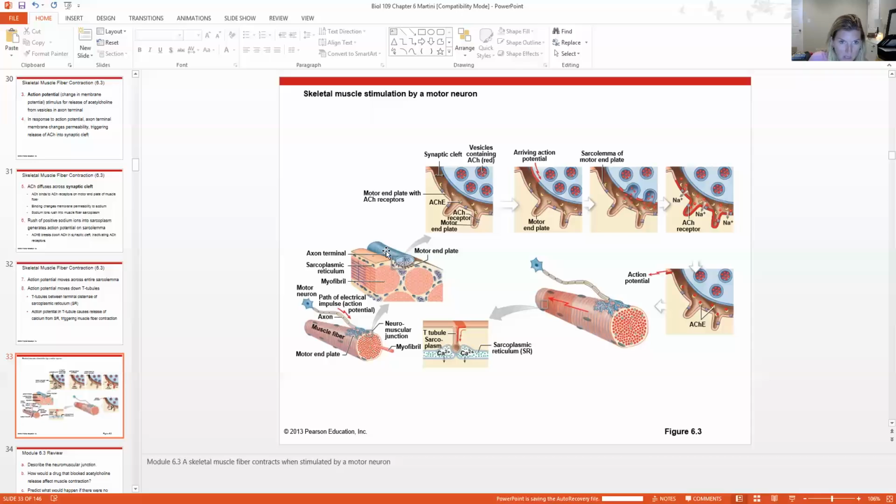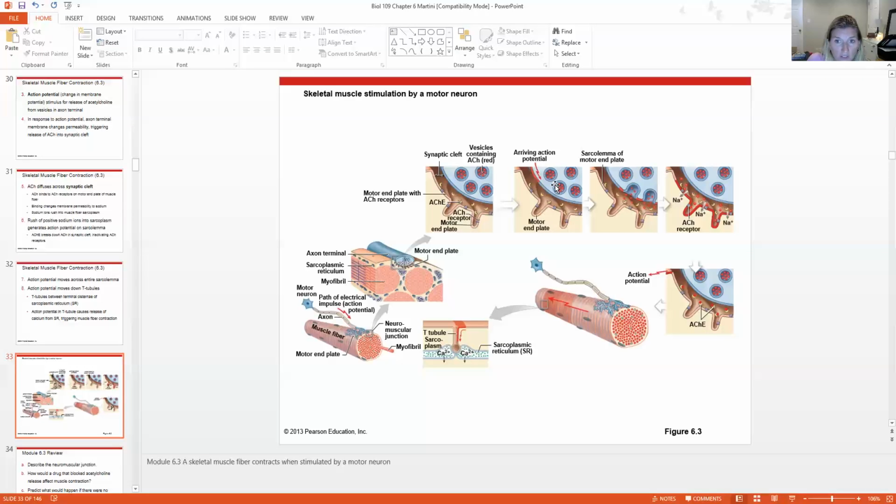This is part of the axon, part of the end of the nerve cell right here, this blue. On all of these pictures, the blue is from the neuron and the yellow is representing the muscle cell. Notice that they don't actually touch. There's a gap. It's called a synapse. These vesicles contain acetylcholine, and as the action potential travels down our nerve cell, you can see that our nerve cell's turning red.